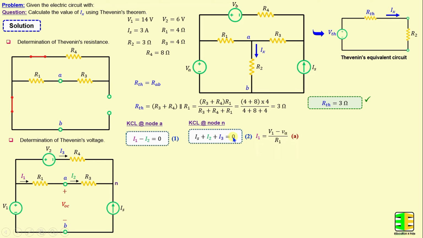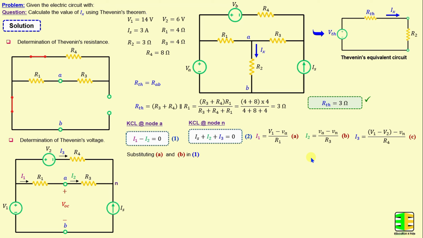And according to Ohm's law, I1 is equal to (V1 minus VA) over R1, I2 is equal to (VA minus VN) over R3, and I3 is equal to (V1 minus V2 minus VN) over R4, where VA and VN represent the node voltages at node A and node N respectively.